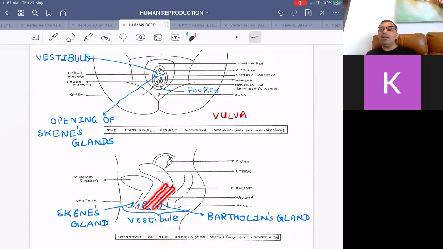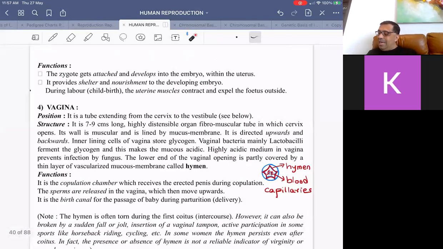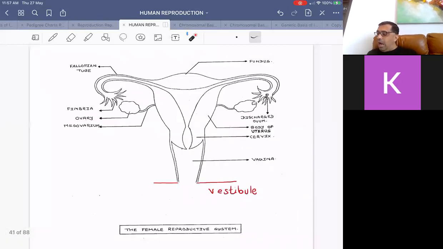It's up and back. And you have the inner cells of the vagina store glycogen. So the vagina has a lot of glycogen stored. And in the vagina are found lactic acid bacteria.